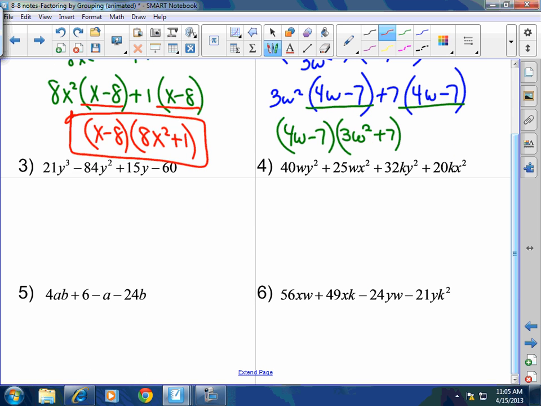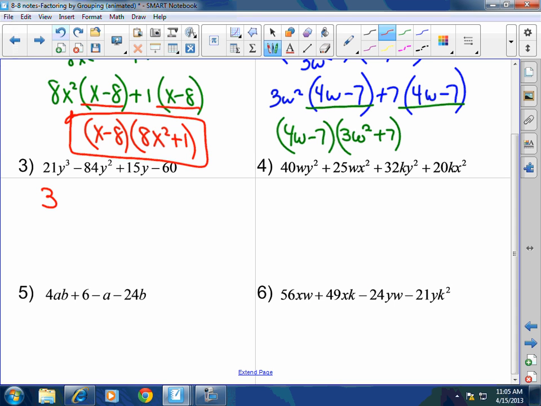Can I factor anything out of number 3? No. Okay, go ahead. Actually, yes, you can. I should have tested it. 2 plus 1 is 3, 8 plus 4 is 12, that's divisible by 3. 15 is divisible by 3, and so is 60. Thank you, son.